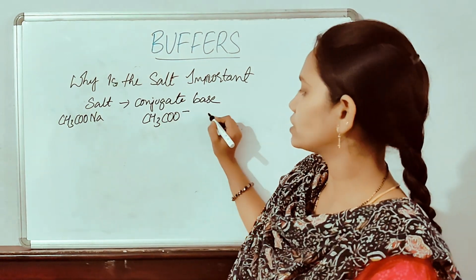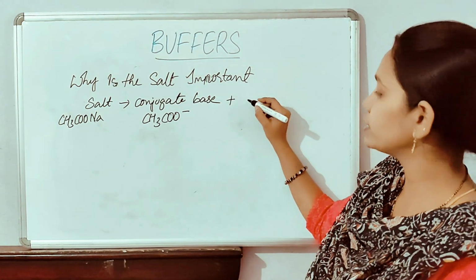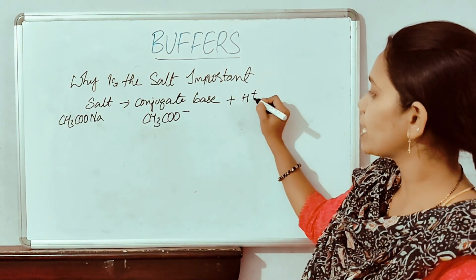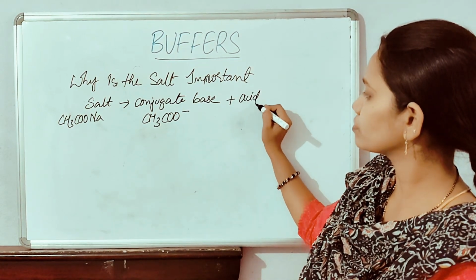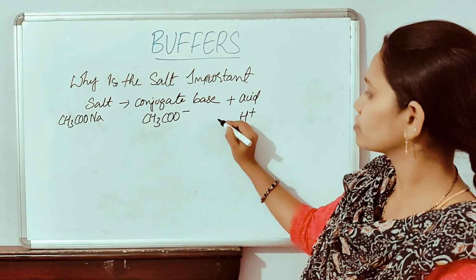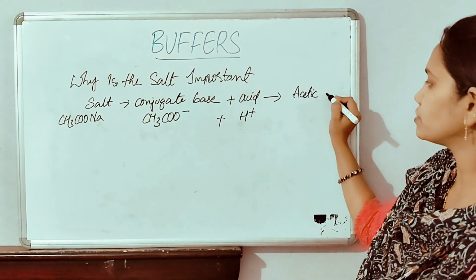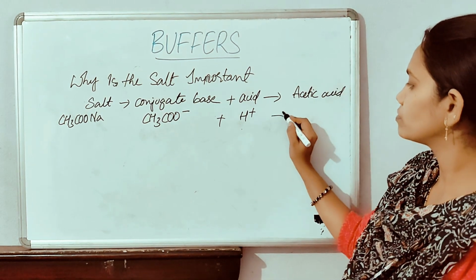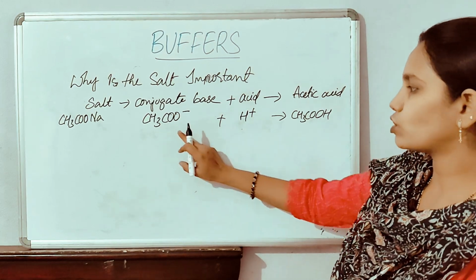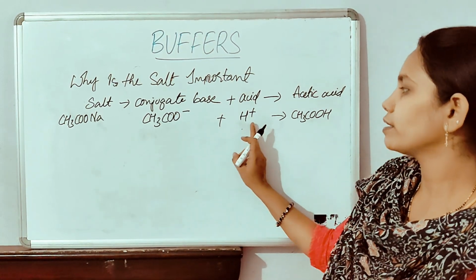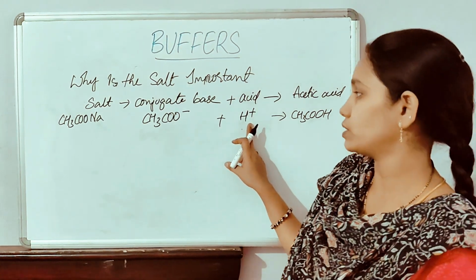Acetate ion, CH3COO minus, when it reacts with acid, means H plus, it forms acetic acid. So here the conjugate base is removing extra H plus ions from the solution.